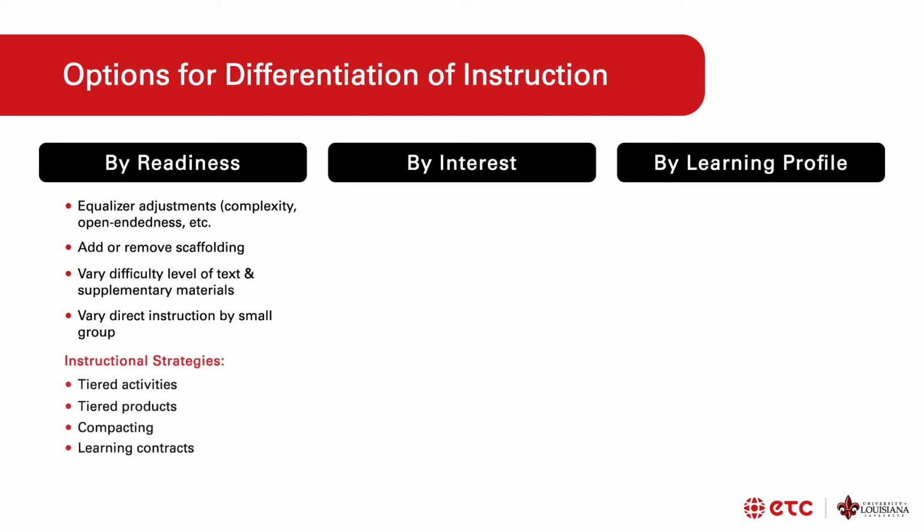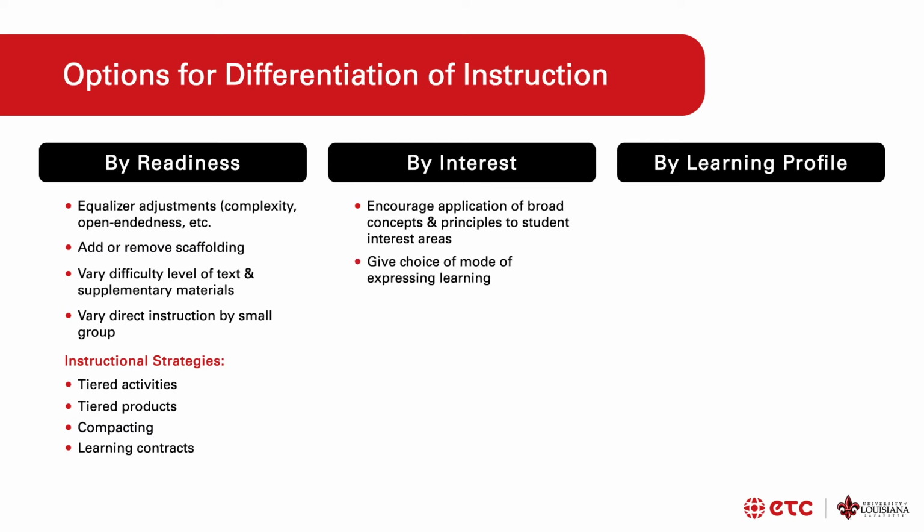You can also differentiate by interest. Interest is going to really motivate the students to learn. You might have someone who's struggling, but if you get something that they're interested in, they won't be struggling because they're motivated to learn that information. So you want to make sure you have a choice in terms of how they're doing. The best example would be reading groups.